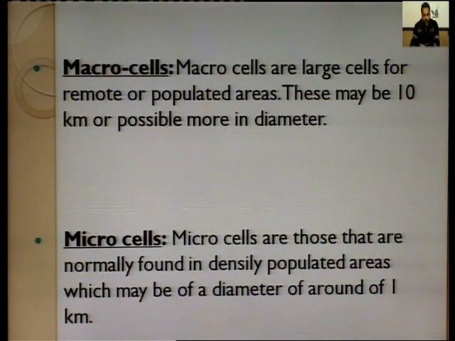Here the size of the cell is small to give the best service to all the users. The diameter may be around 1 kilometer, or even less, depending upon the population of the area where the cell is located, meaning micro or small cells.